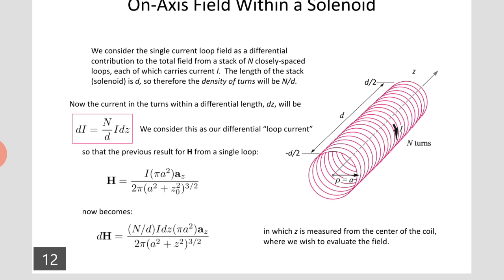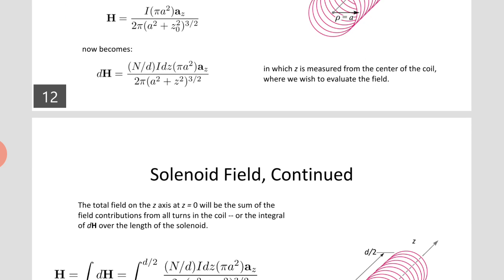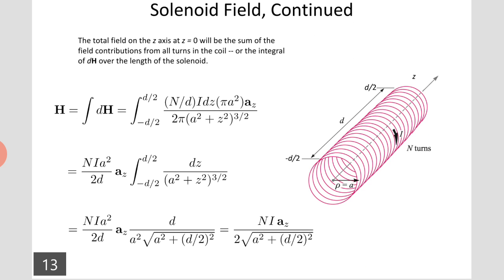This expression is for the solenoid, the dH value. Here z is measured from the center of the coil, where we wish to evaluate the field on the axis. So this is the on-axis field within the solenoid. As we got the value of dH, next the solenoid field will be continued.